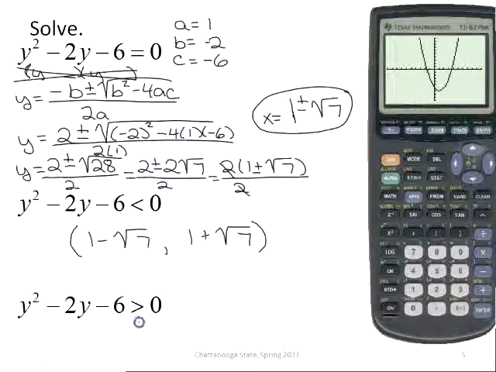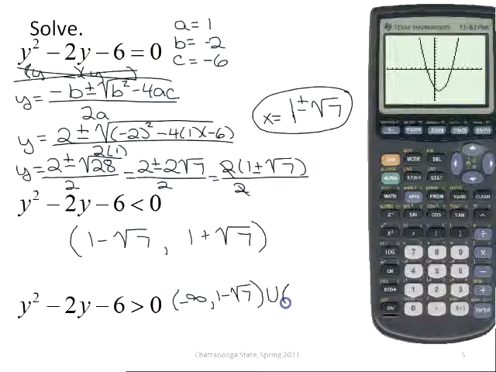If I want the part of the graph that's greater than 0, I want the part that's above the x-axis. So here that's going to be the ends of the graph. So the first end, or the first tail, is going to correspond with x values from negative infinity up to 1 minus the square root of 7.